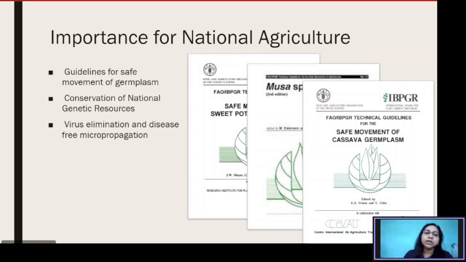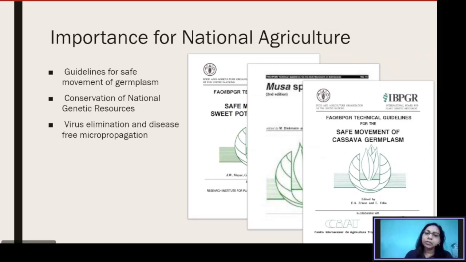As mentioned before, we have a problem when plant material is transported across borders. If you take plant material from one country and bring it into this country, then you risk bringing in pests into the country. So what international organizations have come up with are guidelines for the safe movement of germplasm.